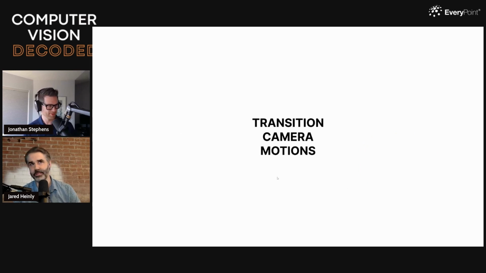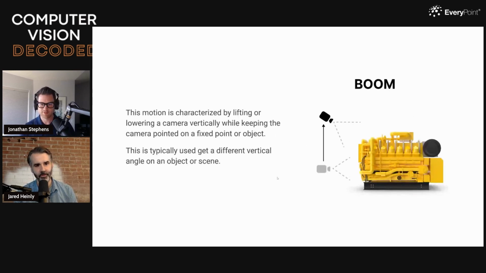Yeah, and that boom is nice too, like with the statue example you mentioned before. If you have a statue, sometimes you want to pedestal up and down to get the head, the torso, the legs. If the arms are extended, sometimes you want to see underneath the arm, and that's where the boom can be nice. As you move the camera up, you tilt it down so that you can see the top of the arm, or then you boom down, move the camera down while tilting up.